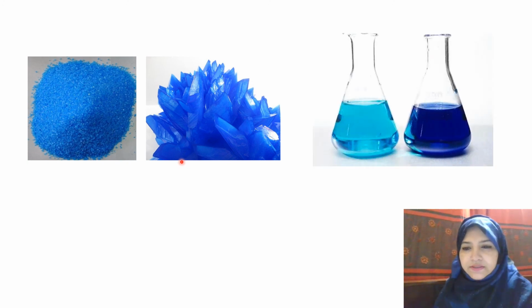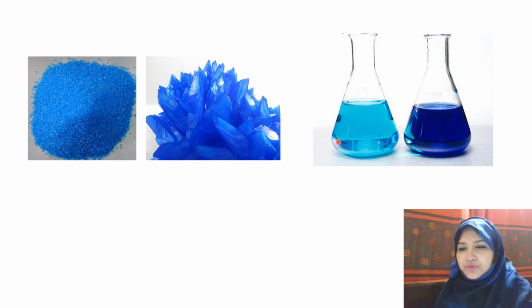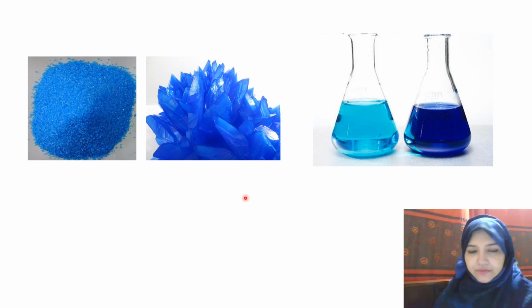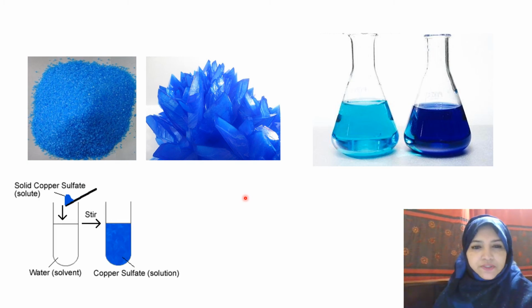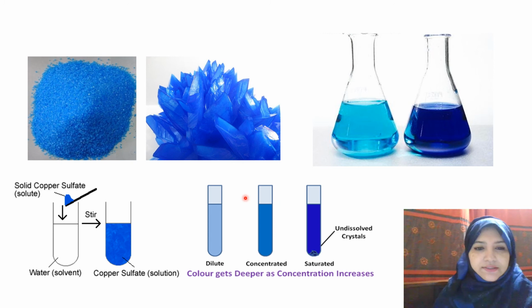You can see this picture. This picture shows you two solutions, and these two solutions are copper sulfate solution with water. For this preparation, for this experiment, we have to take three clean test tubes, and take 5 ml of water in each tube.